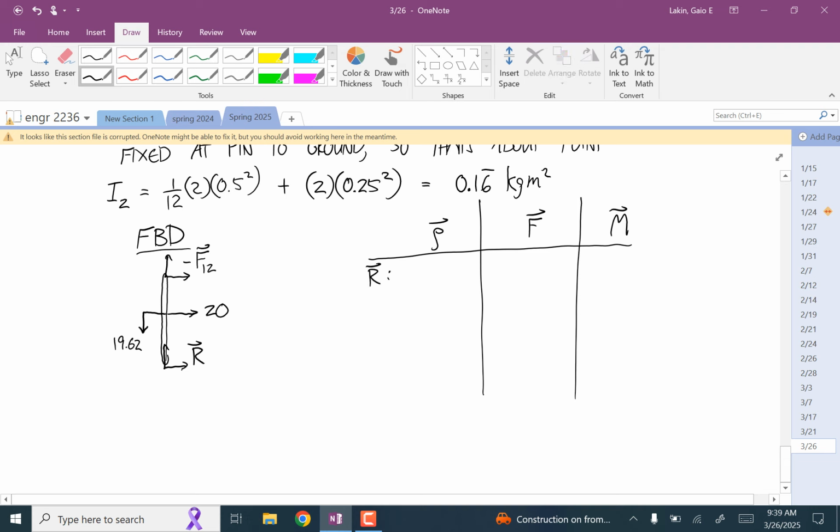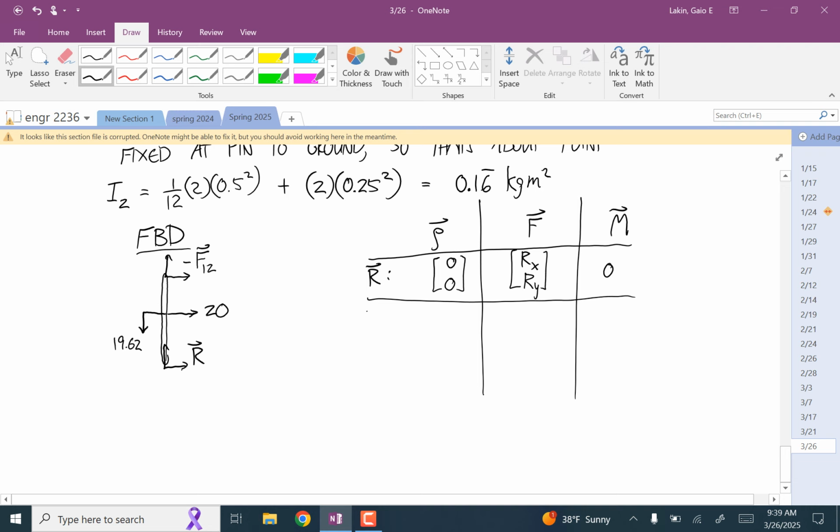Okay, so the about point is at that pin at the bottom. So what's the row vector from the about point to where R is applied? 0, 0, yep. So 0, 0. The force is Rx, Ry. Cross product is 0.